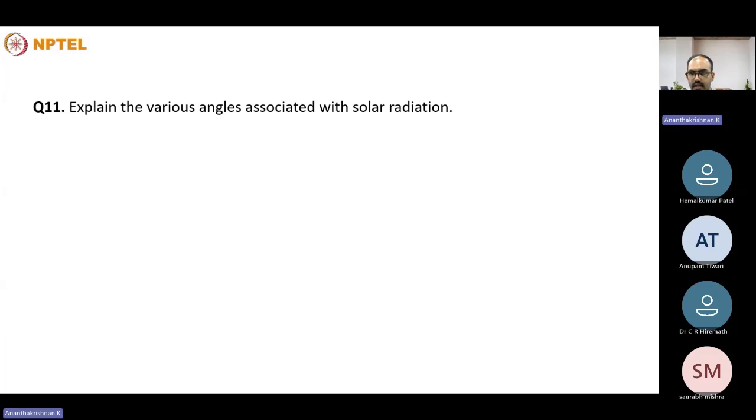I'll try to explain the various angles that are associated with solar radiation. I'll draw the schematic first and then note and explain the angles one by one.